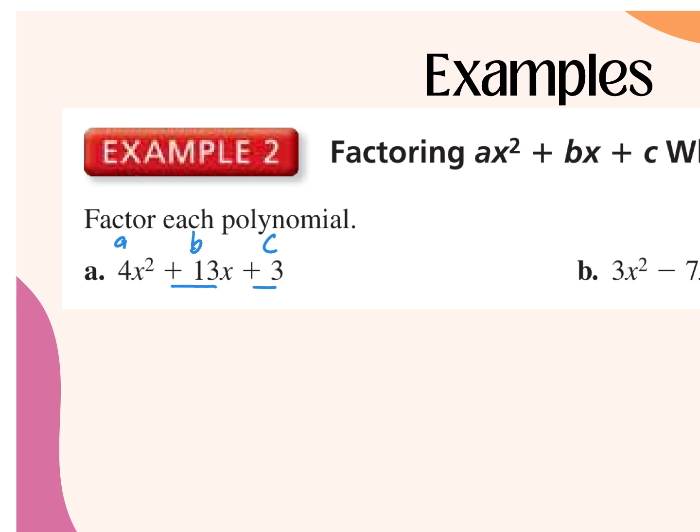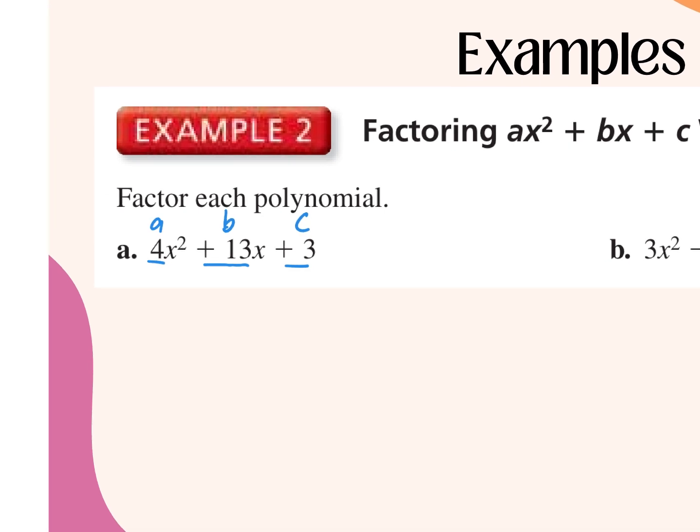When there's something in front of it, the first thing that you have to do is multiply a and c. So you're going to do a times c to get a number. And in this case, a is 4, c is 3, 4 times 3 is 12. Now this number, AC, we need factors of 12 that add to 13.